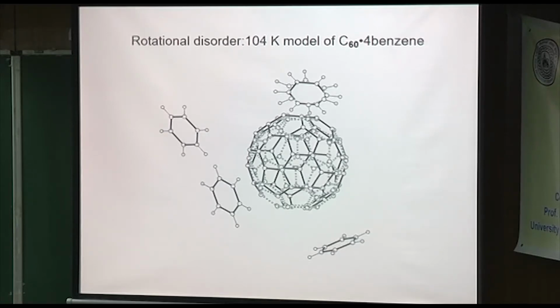And there are 4 benzene groups, but one of the benzene groups is rotationally disordered also. You can see how this one here is in 2 different positions, looking kind of like a flower or something. But for some reason, these 3 are perfectly ordered. And the fullerene itself has 2 positions at this temperature.